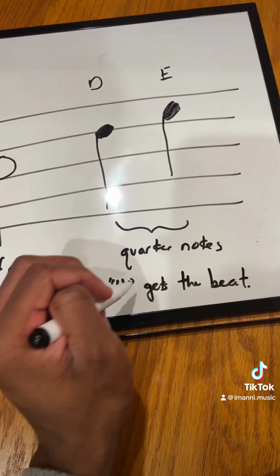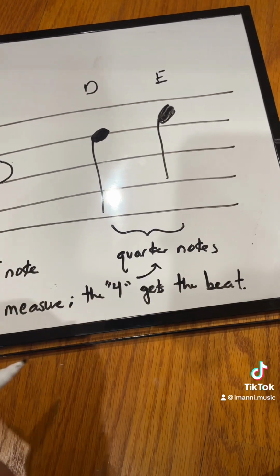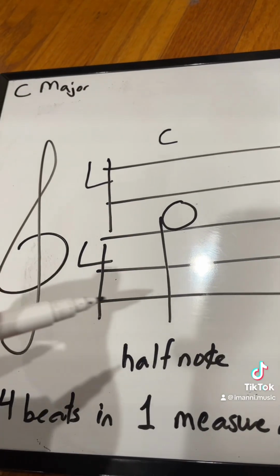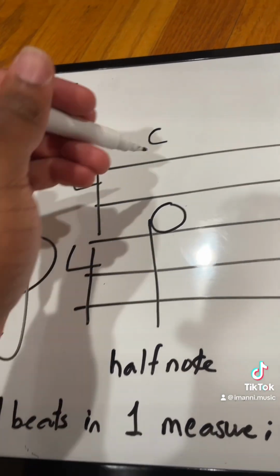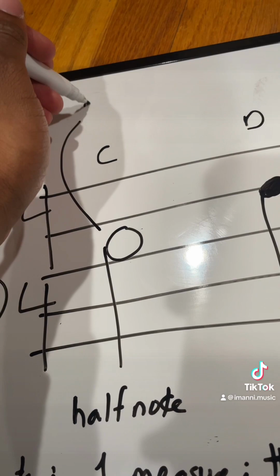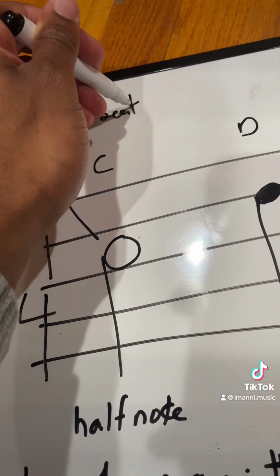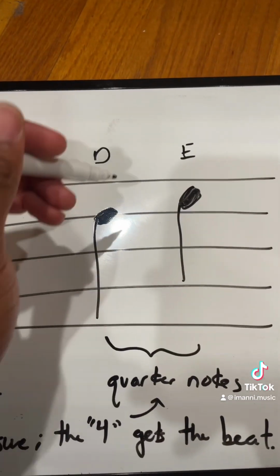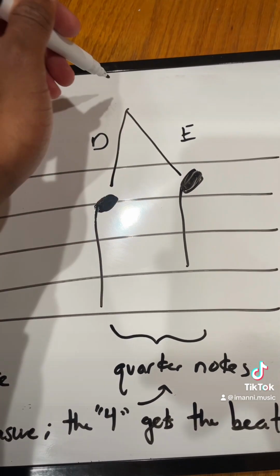The 4 in this situation actually means the quarter note. So in what we call 4/4 time, this note gets 2 beats, and these notes get 1 beat.